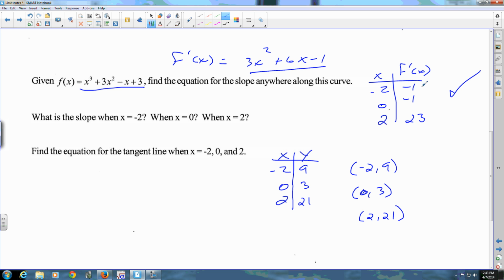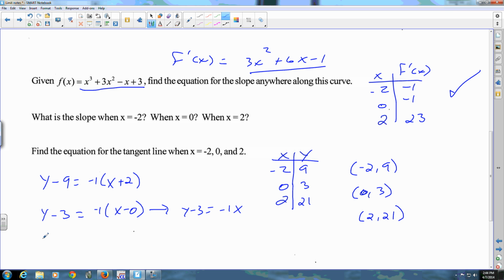Now you've got the slopes at those values. So to write the equation, y minus 9 is equal to negative 1 times x plus 2. Then y minus 3 is equal to negative 1 times x minus 0, or how about y minus 3 is equal to negative 1x, since I really don't need the minus 0.